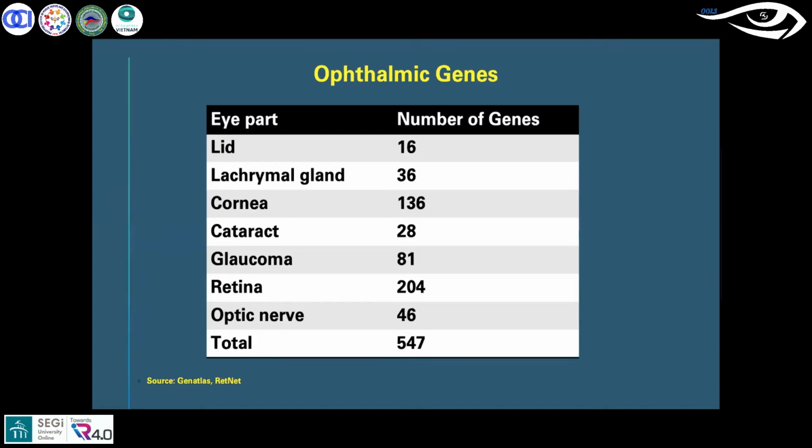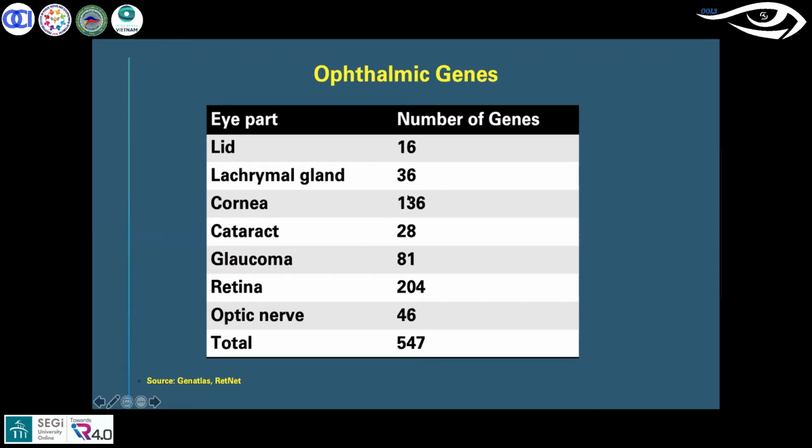And therefore, from the lid onwards to the optic nerve, there are many genes which play a very important role, from embryological development to sending the photoreceptor signal, converting it into an electrical signal and passing it on to the occipital lobe. So you can see that two organs take a bigger role.